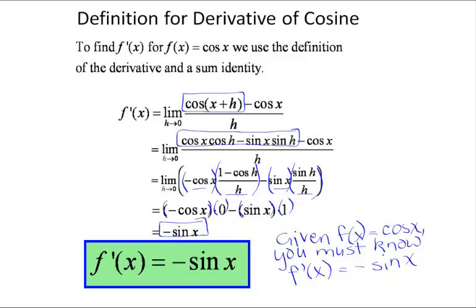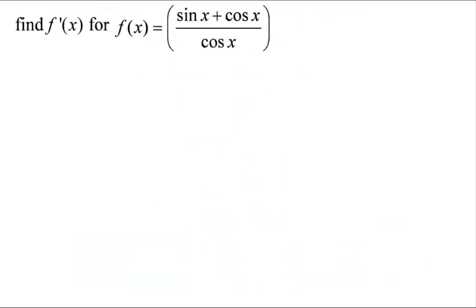You are responsible for knowing those derivatives. And if you know those derivatives, you can develop the derivatives of tangent and secant, the last two trig functions that you are going to be responsible for knowing the derivative of.